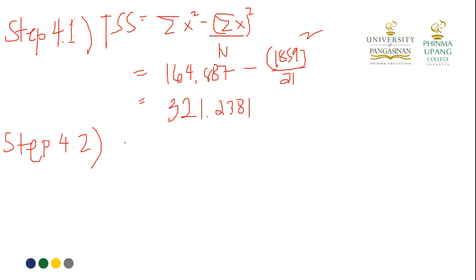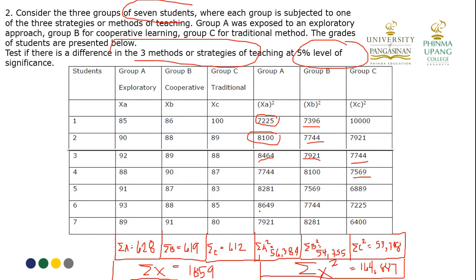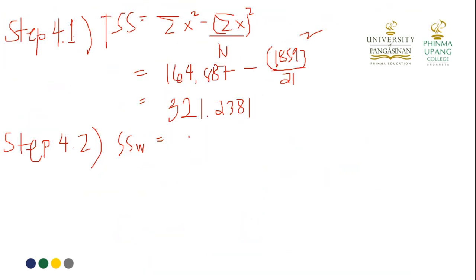4.2, the SSW. Hindi ko na isusulat yung formula, ha. Basta alam mo yung principle, alam mo yung process kung paano kunin ang SSW. Punta ka sa A squared, which is 56,384 minus 628 all over.